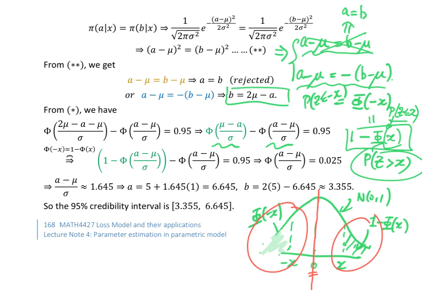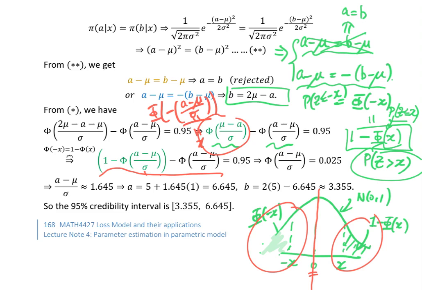Given this, you can try to apply this to these cases. So this one can be written as Φ of −(a − μ)/σ. Then you take this one to be s, and by doing that, this one can be converted into this. So that's what you will have, two like terms, and then you can do further algebra.